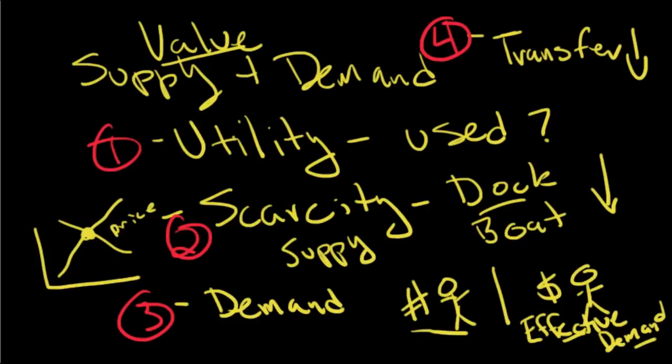So again, how can the property be used? How useful is it? How many others are there like it? Are there other people out there looking for the same property? And how many actually can afford it? That's this one here.